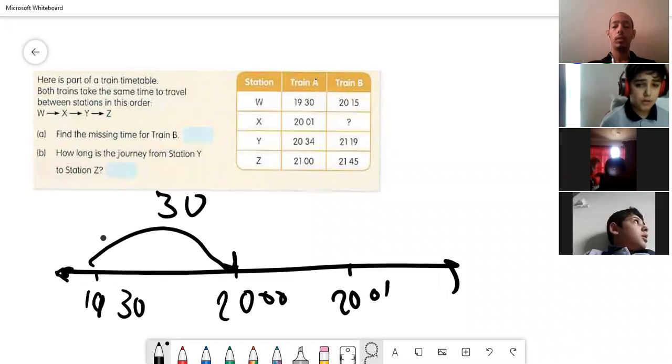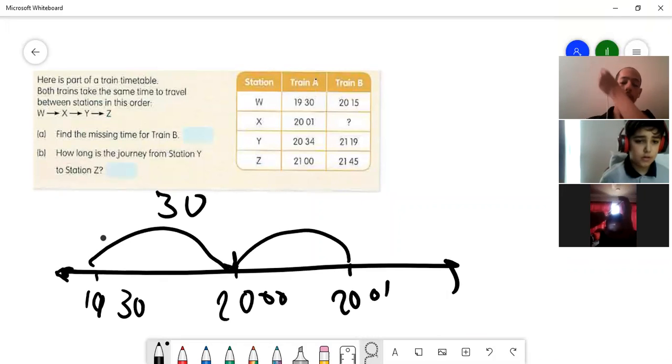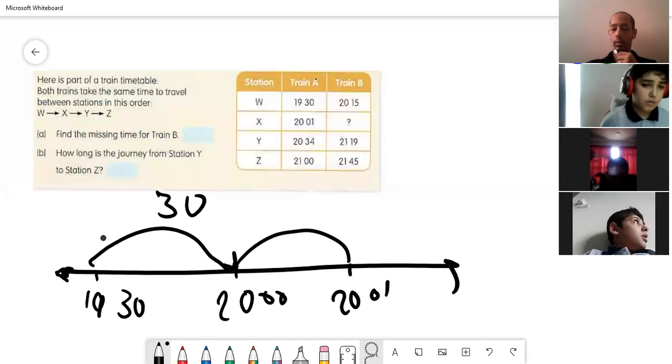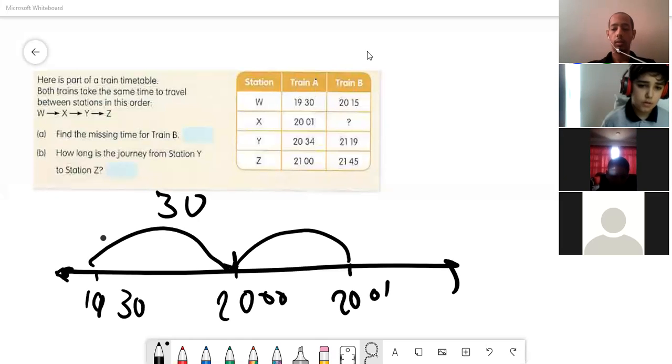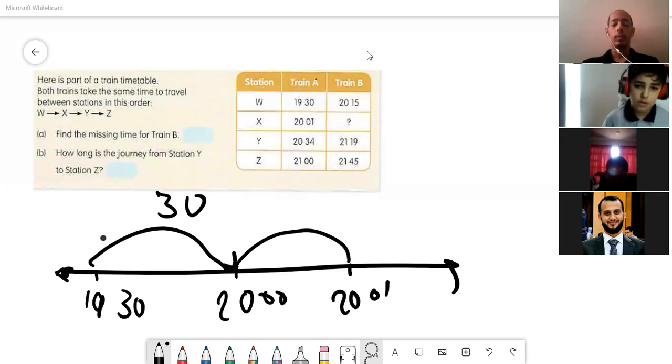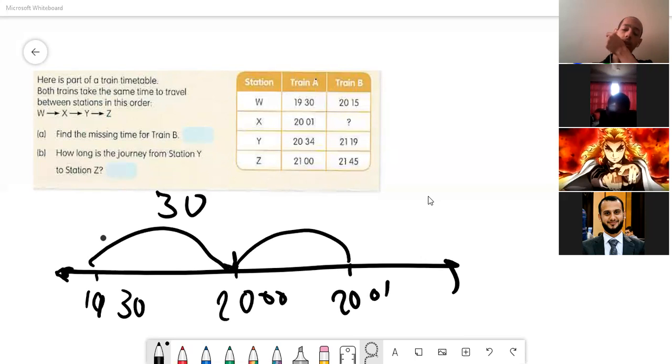Teacher, your voice is not clear. My voice is not clear? Teacher, it's clear for me. Is it clear now, guys? It's clear from the beginning for me. Wait. Teacher, for me your voice is clear. What about others?